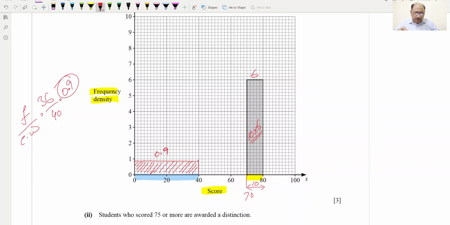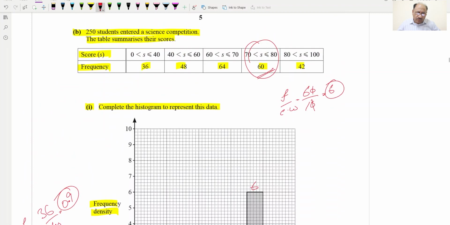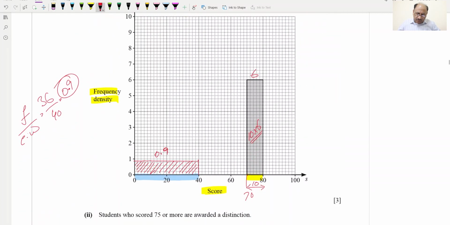Now the next one is from 40 to 60. 40 to 60 is this much, and the class width is 20.